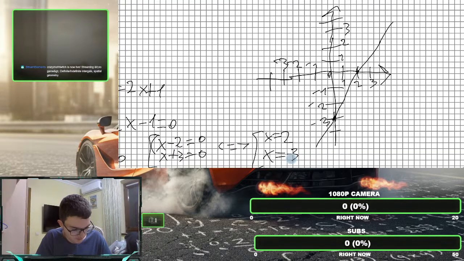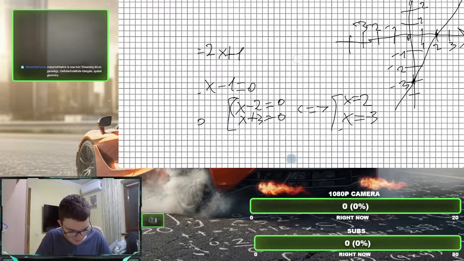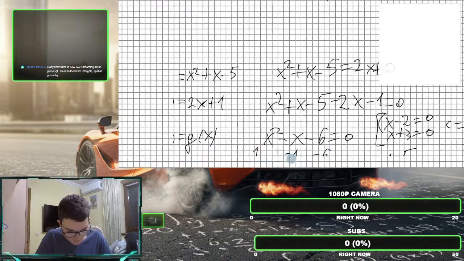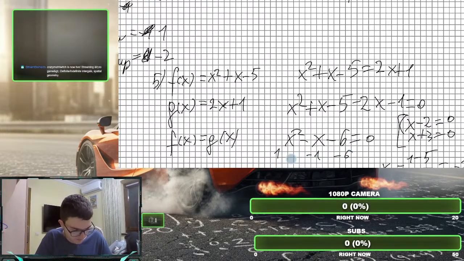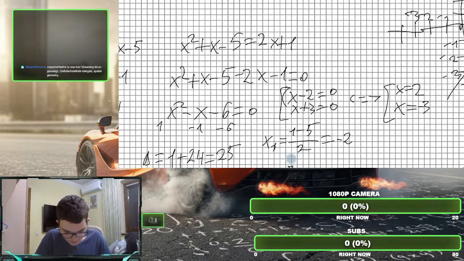Exercise 5. Yes, so I got this. f of x is that and g of x is that, and I have to essentially equal them. And I get this.